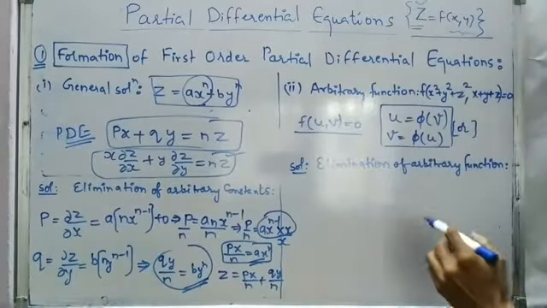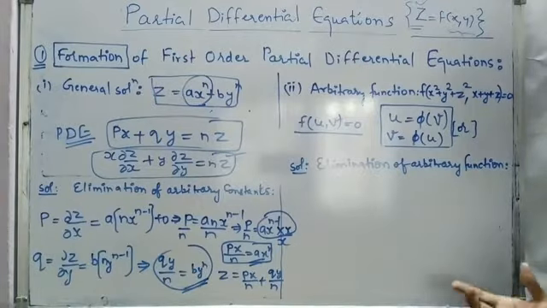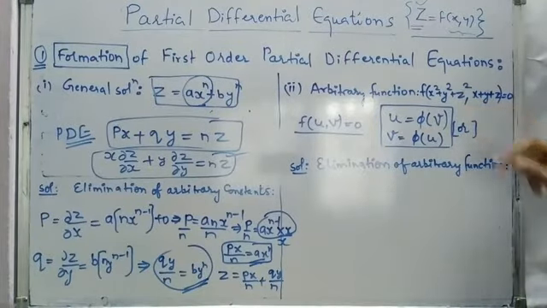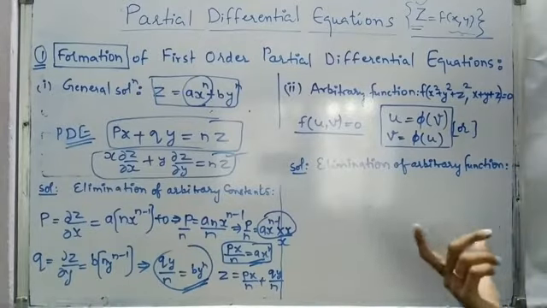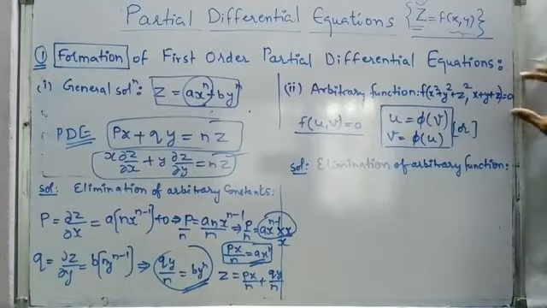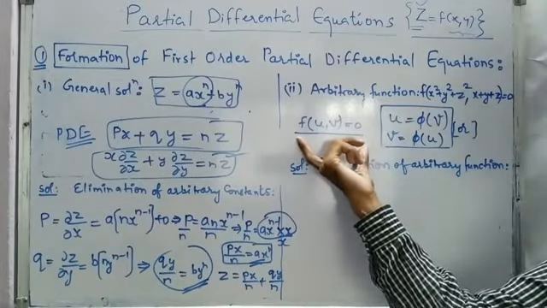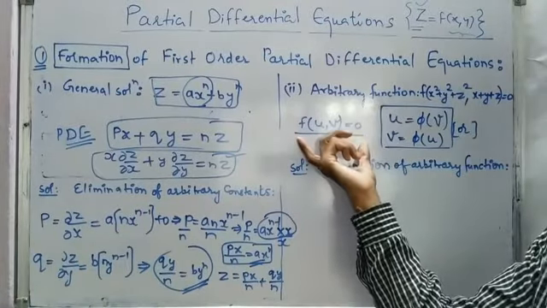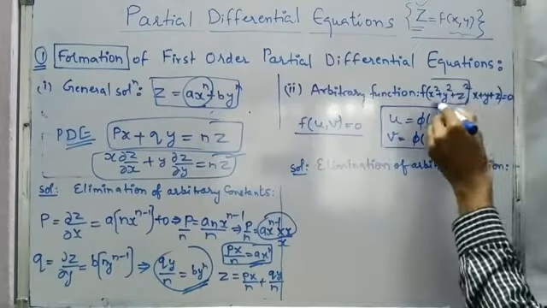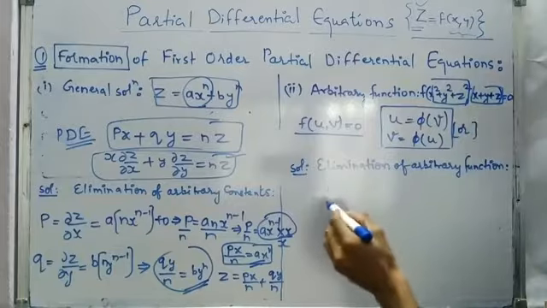And in the other case, you are given the arbitrary function. In this case, you are given a function like f of x square plus y square plus z square comma x plus y plus z is equal to 0. How you have to approach this particular format is that you assume the arbitrary function as f of u comma v is equal to 0, where this term is now going to be u and this term is now going to be v.